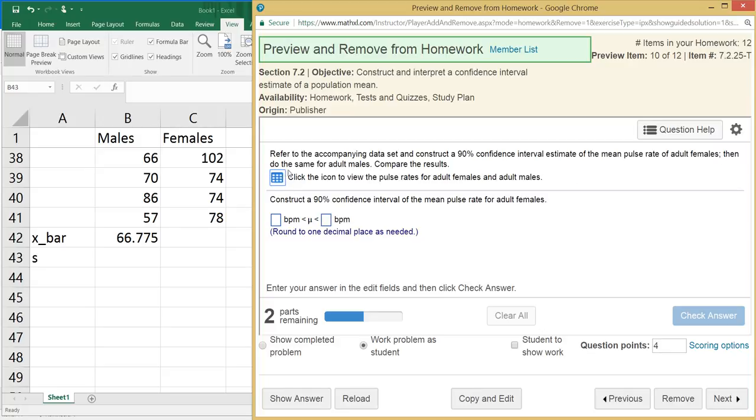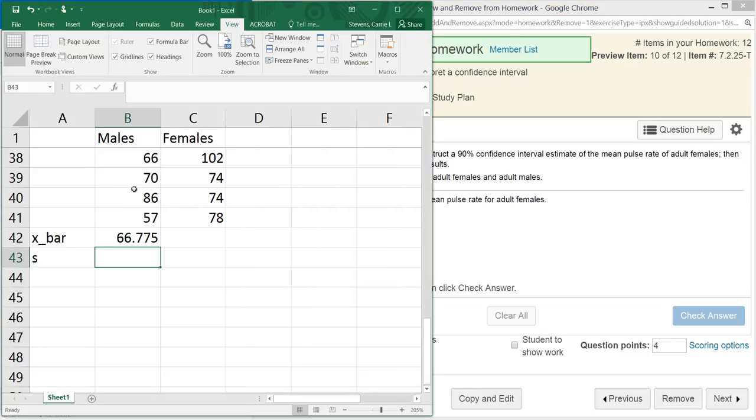Then do the same for adult males and compare the results. So for this problem, that's what's been given to us, is two sets of pulse rates, one for males and one for females. We're going to construct two confidence intervals, one for males, one for females, and then we're going to compare them to see if there's a significant difference between the pulse rates of males and females on average.